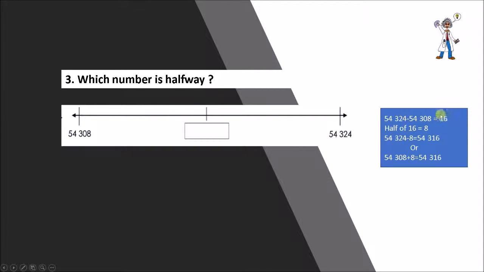The difference is 16, which means halfway of 16 is 8. So we need to go 8 this way or 8 that way. If we subtract the 8 from the largest number, we'll get 54,316, which will be exactly the same as if we added 8 to this number.